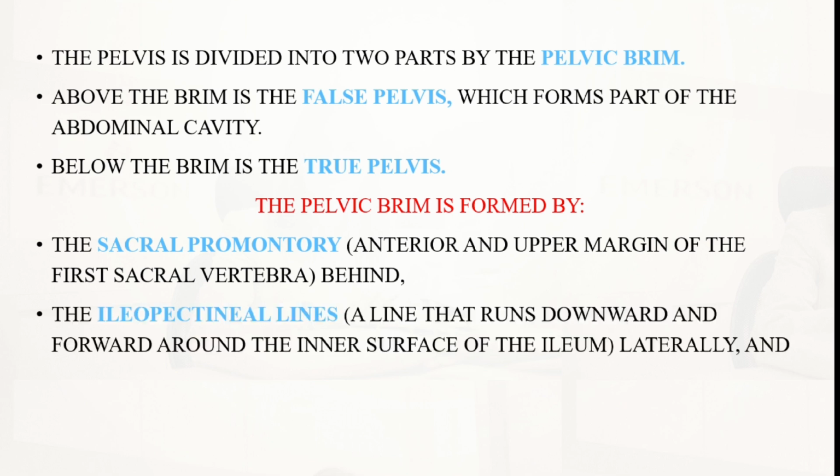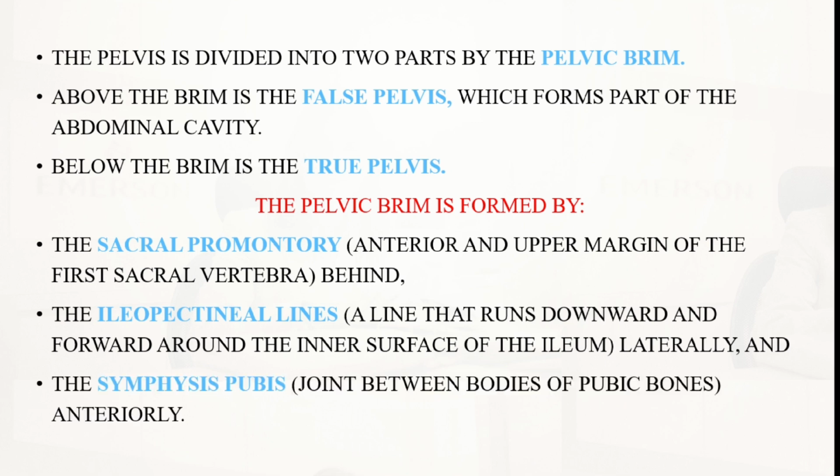The other part is the iliopectineal line, which runs downward and forward around the inner surface of the ilium, laterally, and finally the pubic symphysis, which joins the bodies of the pubic bones anteriorly. These are the three structures that form the pelvic brim.